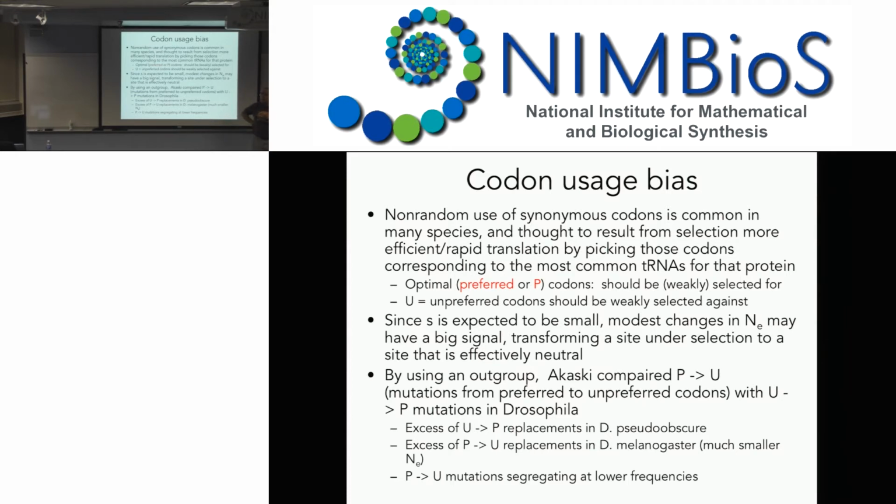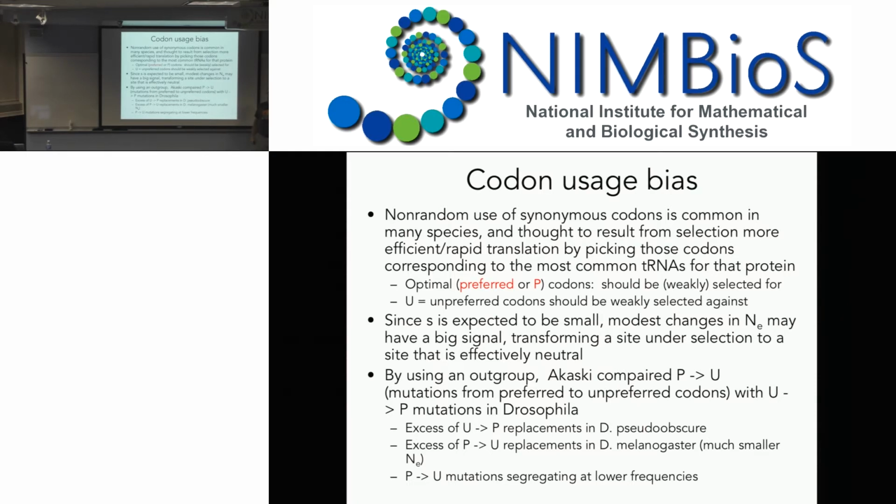And the idea is that there's an isoacceptor tRNA for each of the different codons, and what you're seeing is a matching of the codon to the one with the most common tRNA in the pool. And that makes translation more efficient and faster, more accurate, and that imparts a small amount of selection.